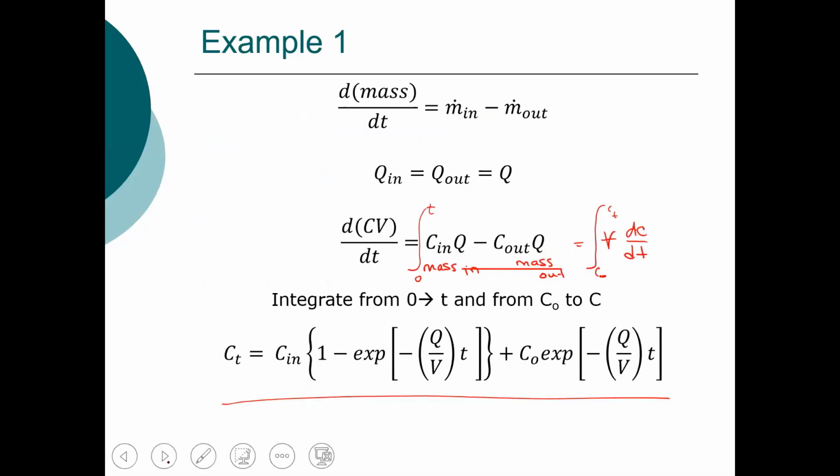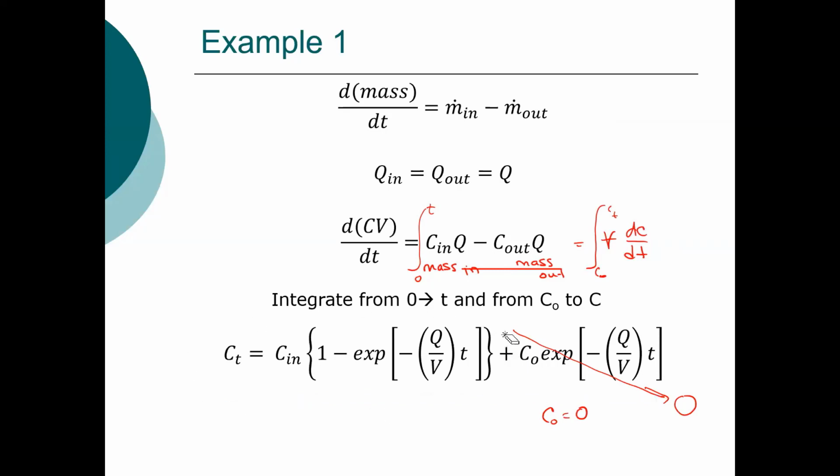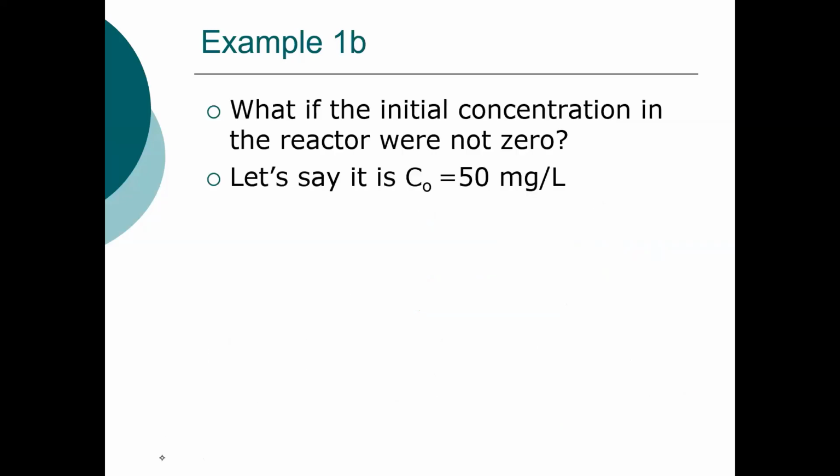In this case, this term drops out of the equation because C0 is equal to 0, so the only part of the equation that we need is this first part. What if the initial concentration were not 0?